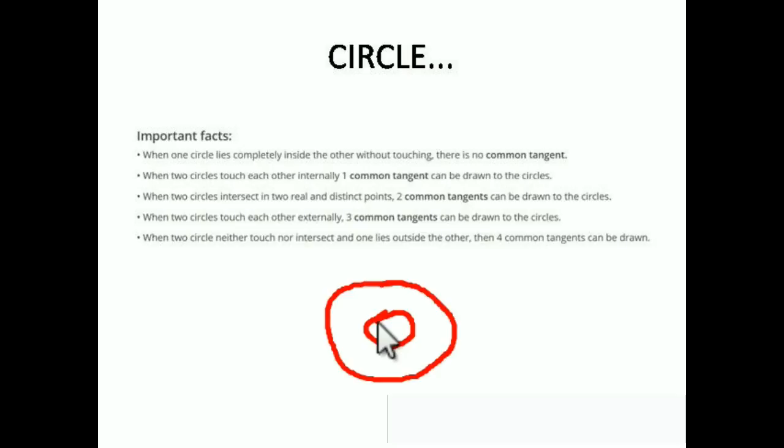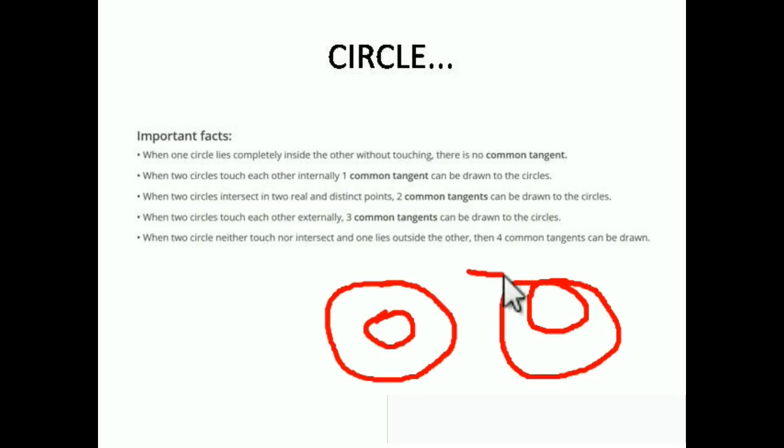So this is a fact. Next, when two circles touch each other internally, one common tangent can be drawn. One circle like this and another like this, and the one common tangent is this one.